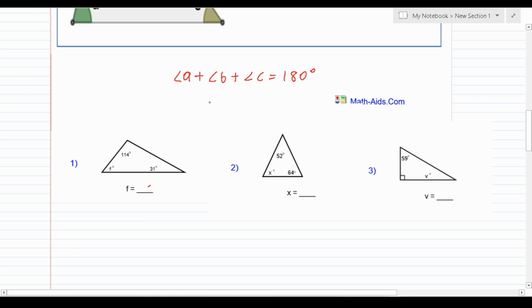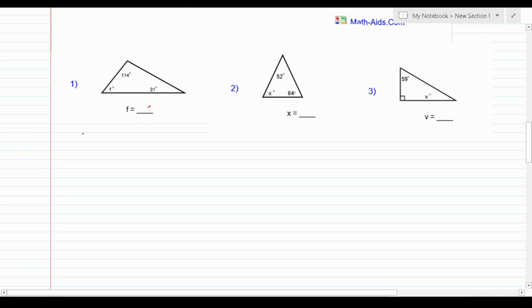And as I mentioned, don't get hung up on the fact that this has to be A, B, or C, because in this case, they gave us the variable F. So in light of that, I'm going to go ahead and rewrite this theorem in a way that makes sense to me. More specifically, I'm going to say angle D plus angle E plus angle F equals 180 degrees.